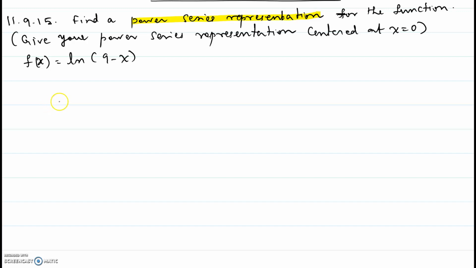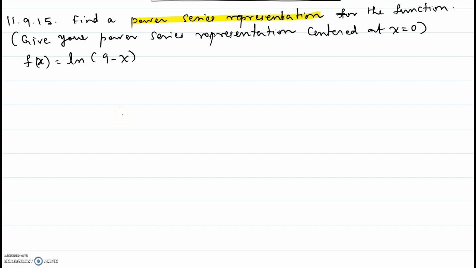And also you can integrate the function f of x by integrating each term of the power series representation of f of x. And both these differentiated series and the integrated series will have the same radius of convergence as the original function f of x.